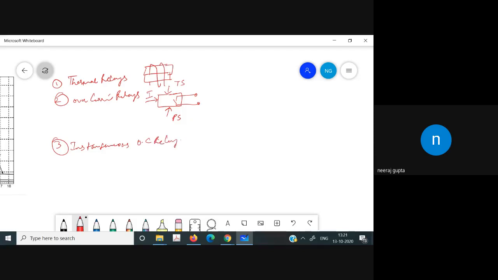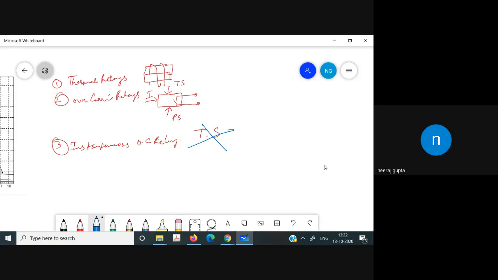In this case, we don't have the time setting. That is, it is very instant. So time setting is not there in the instantaneous overcurrent relay.